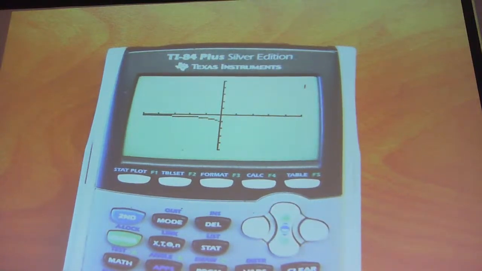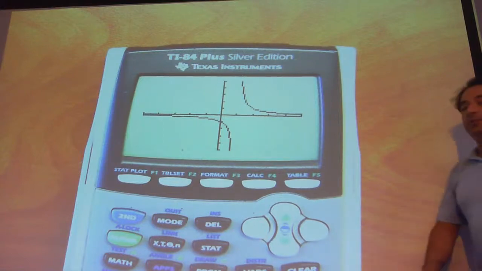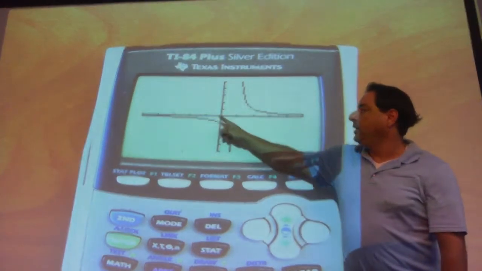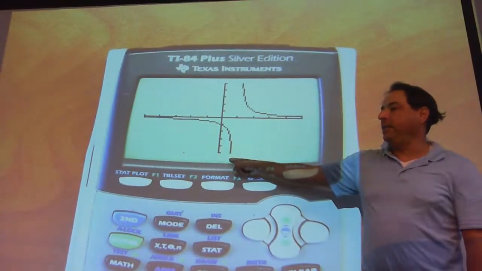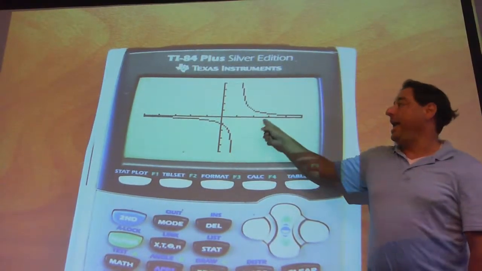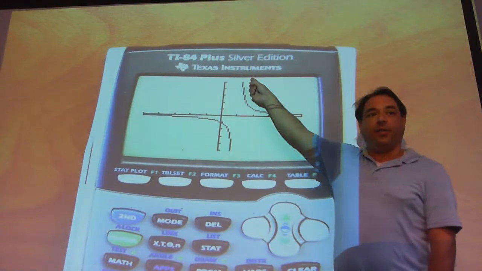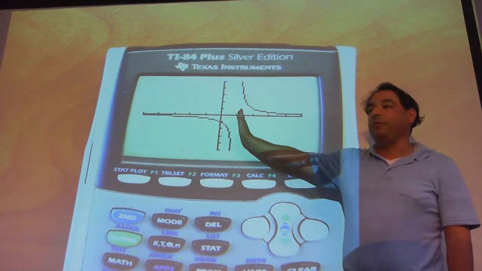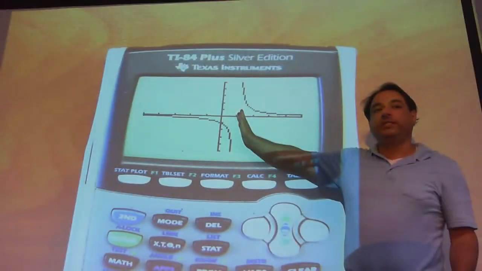We look at this, and we notice something, okay? By the graph, we notice that at 1, it goes to negative infinity on the left side, and it goes to positive infinity on the right side. And we already know, what do we have at 1? What's it called?